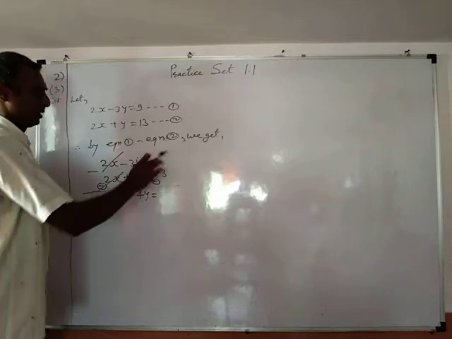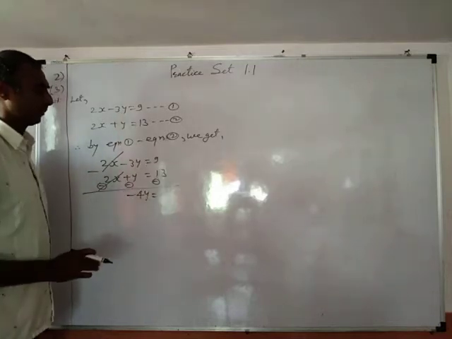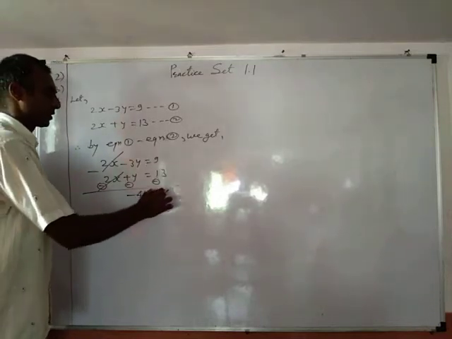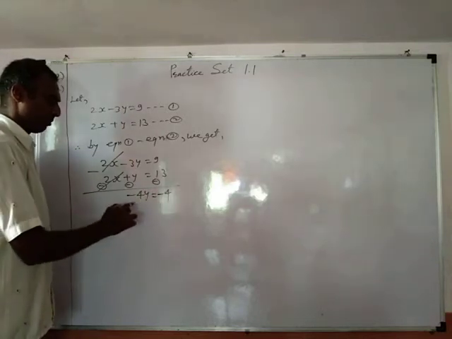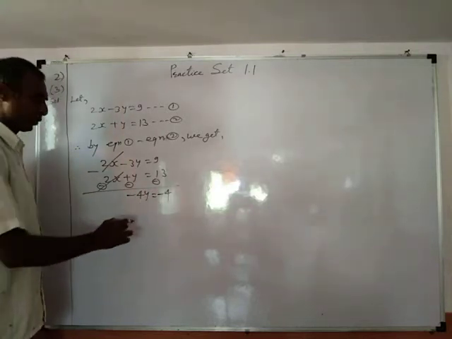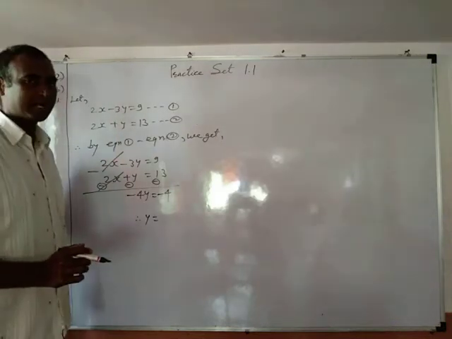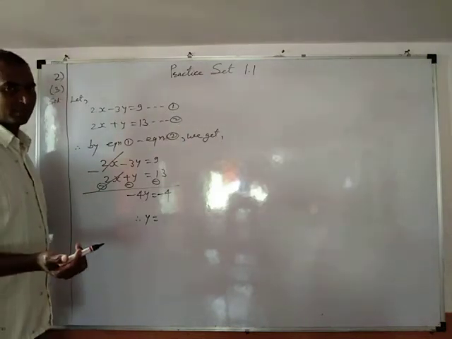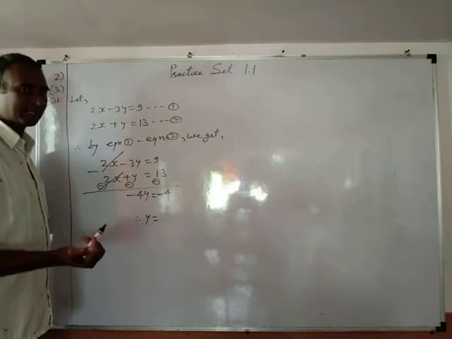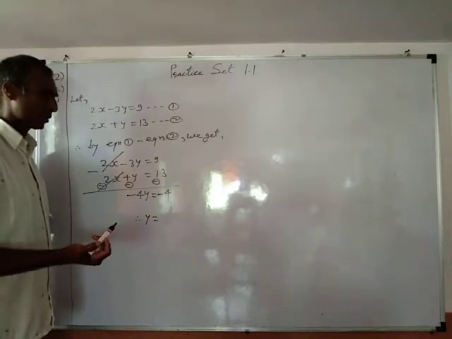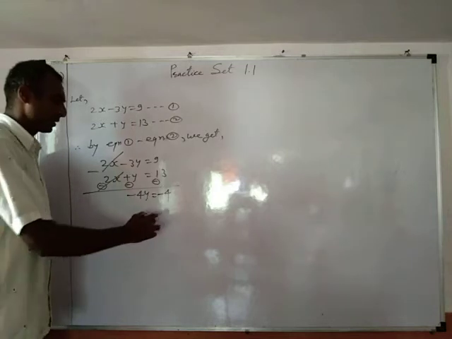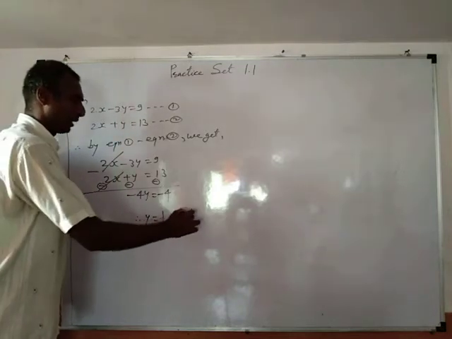That equals 9 minus 13. 9 minus 13 gives us minus 4. Minus 4y equal to minus 4, and therefore y equals minus 4 upon minus 4. Minus will get cancelled. 4 ones are 4, 4 ones are 4, gives us 1 upon 1, means y will be 1. Equation third.